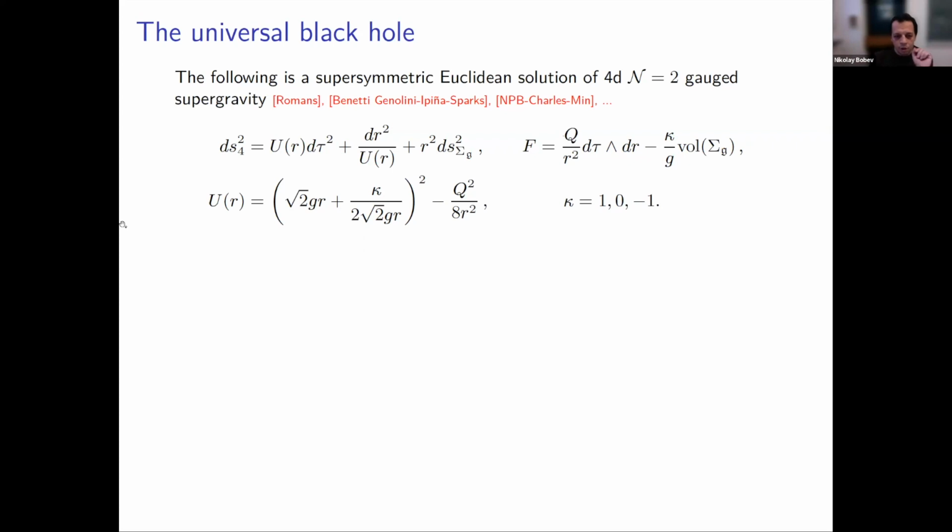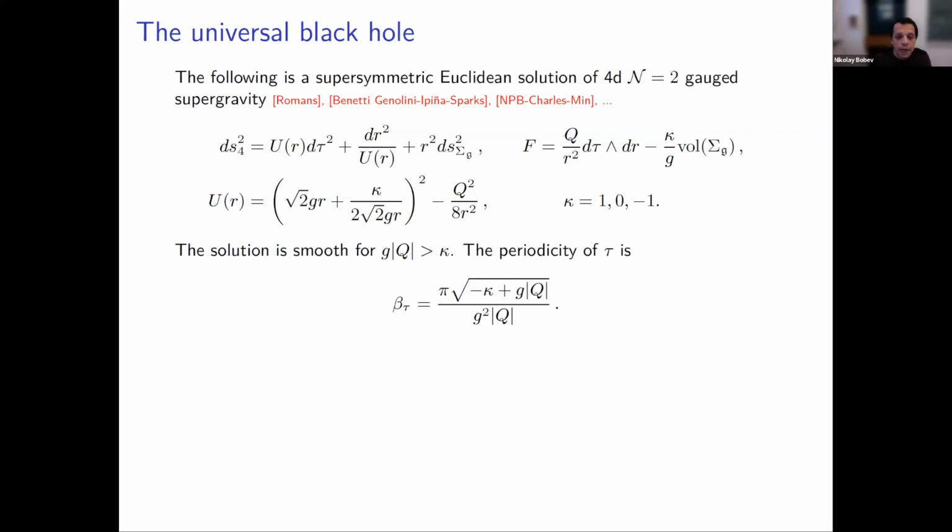Good. So this is an explicit solution. You can check that this solves the equations of motion and the BPS equations. You can ask, when is the solution smooth? What essentially happens is that there's a circle tau and a radial direction r, and as you go into the solution, it looks like a cigar.